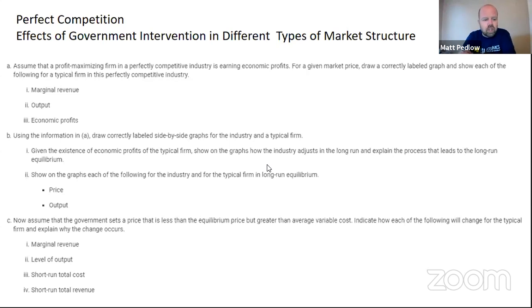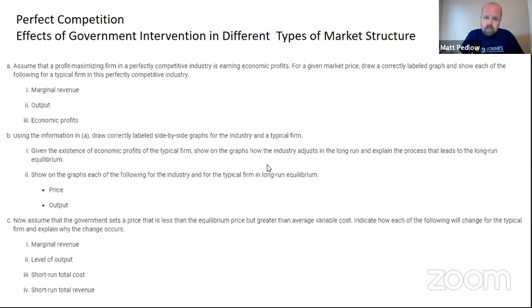Indicate how each of the following will change for the firm. Marginal revenue. These are the great points where it's knowing these little nuances, all the pieces of the graphs that you're drawing. So you would say marginal revenue will fall because marginal revenue is price, and the government just set a lower price than equilibrium.